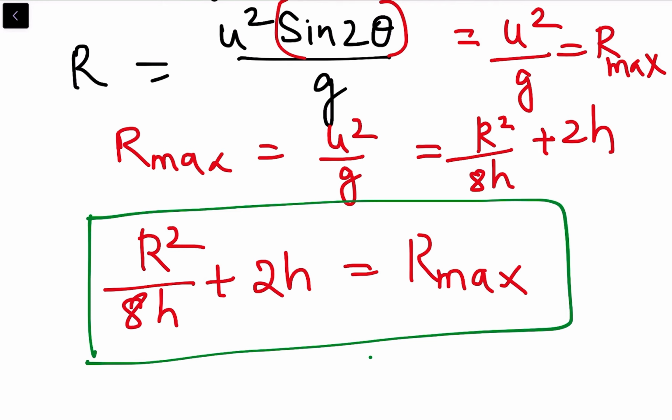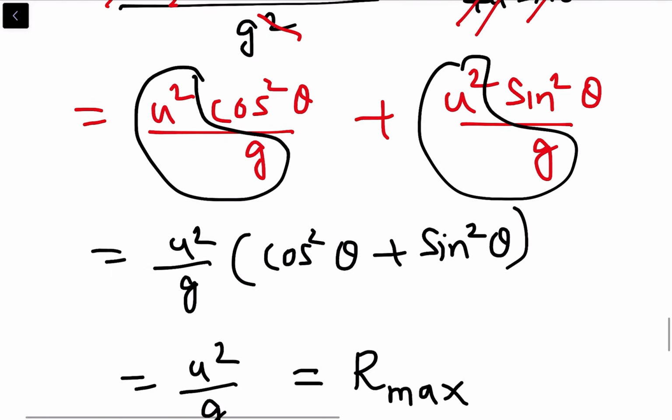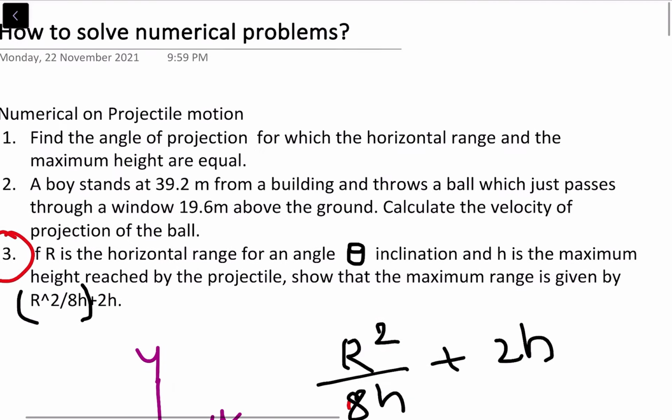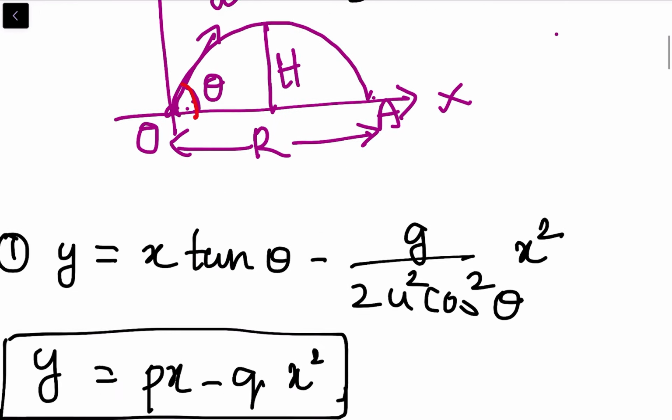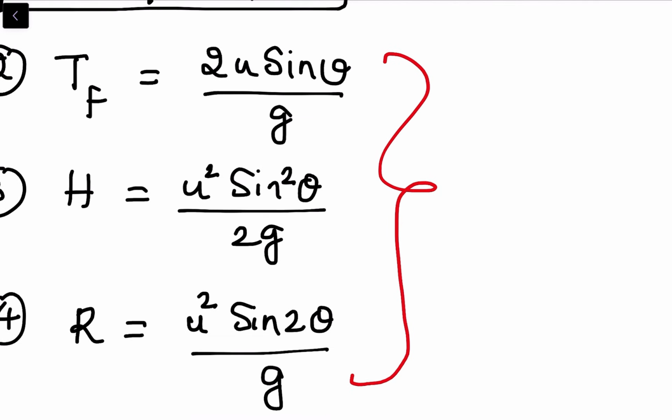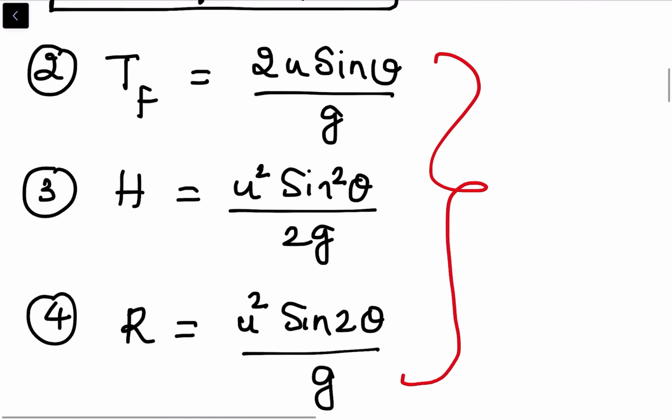Today we have solved three numericals. From here we have taken 3 numericals, and one by one we have solved them in an easy way. Once again I tell you, to do the numericals, the main thing is you should know the formulas. When you know the formulas, you can easily solve the numericals.